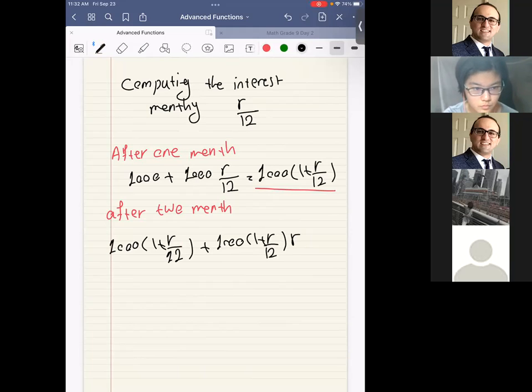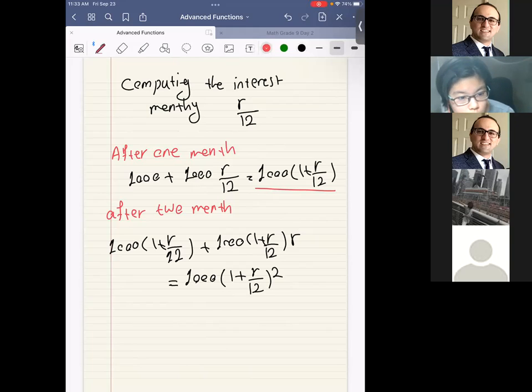Now this would be equal to what? 1,000 times what? Do you agree it's 1 plus R over 12 to the power 2? Yes, agree.